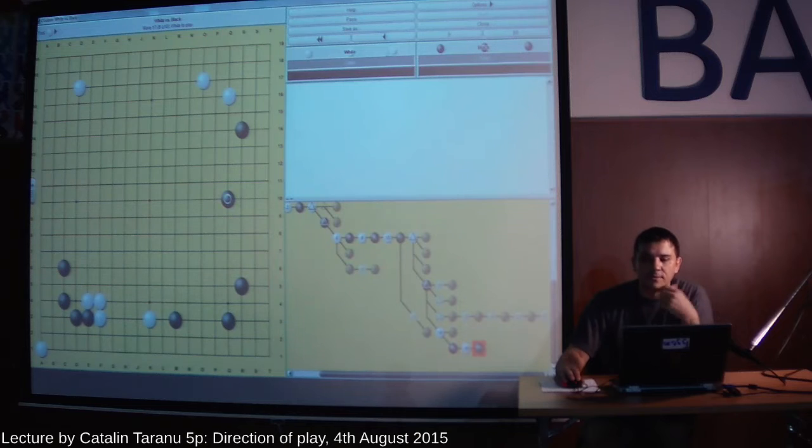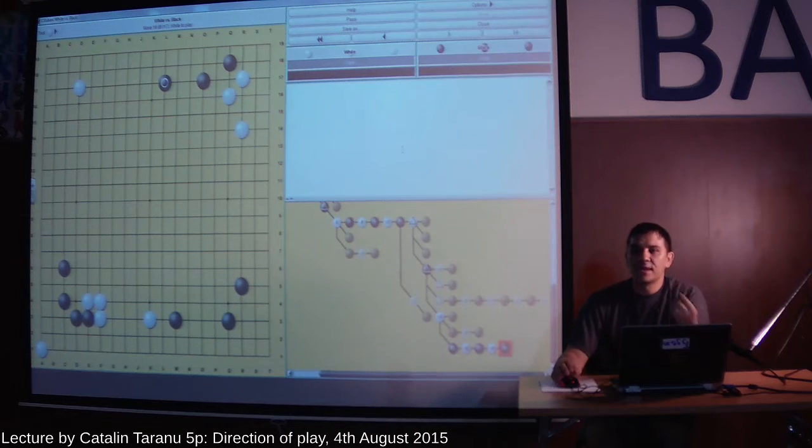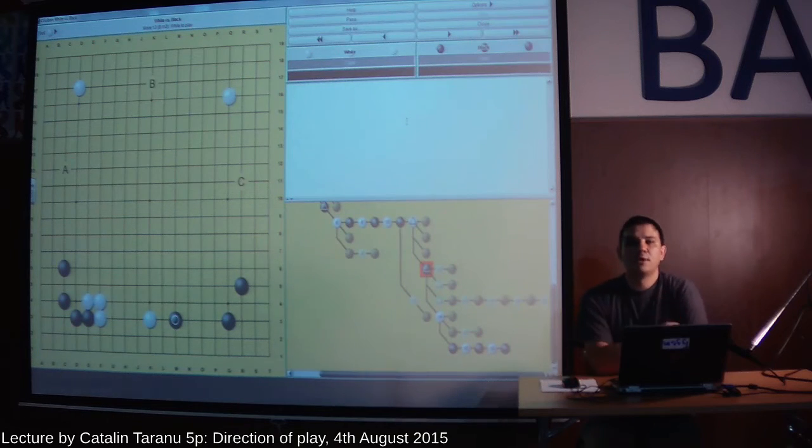You get an impression, some feeling, and I can put a new one, right? Each time we see this kind of shape, the feeling we have about the position changes. So now that you see those possible variations, where would you like to play with white between A, B, and C?